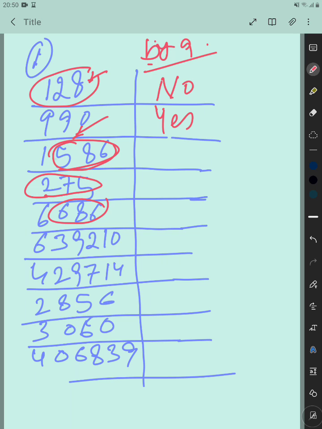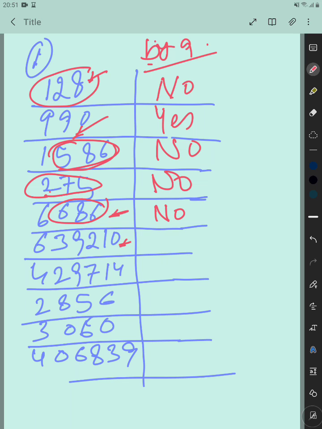Here it is 5 plus 1 is 6, 6 plus 8 is 14, 14 plus 6 is 20, not divisible by 9, so no. Here it is 7 plus 2 is 9, 9 plus 5 is 14, 14 is not divisible by 9, so no. Here it is 6 plus 6 is 12, 12 plus 8 is 20, 20 plus 6 is 26, so 26 is not divisible by 9, so no.